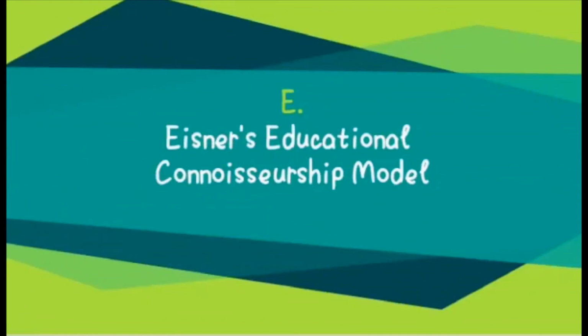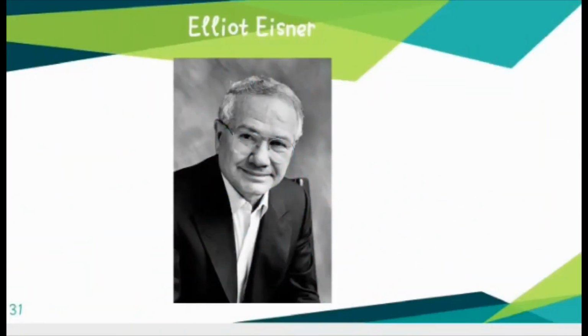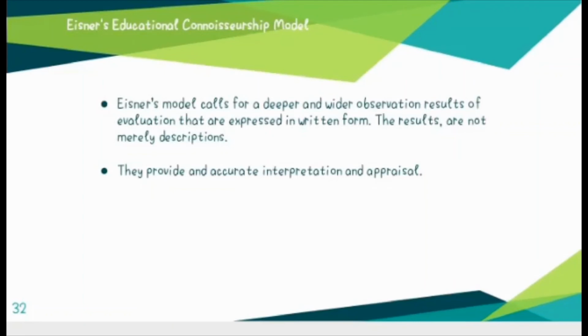So now let's go to Eisner's educational connoisseurship model. A professor of art and education at the Stanford Graduate School of Education, Elliot Eisner, provided a way of evaluating a curriculum. His model does not have methodical procedures compared with other evaluation models. Eisner's model calls for a deeper and wider observation, with results of evaluation expressed in written form.